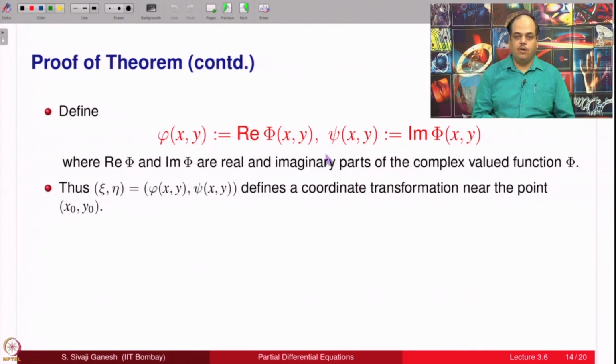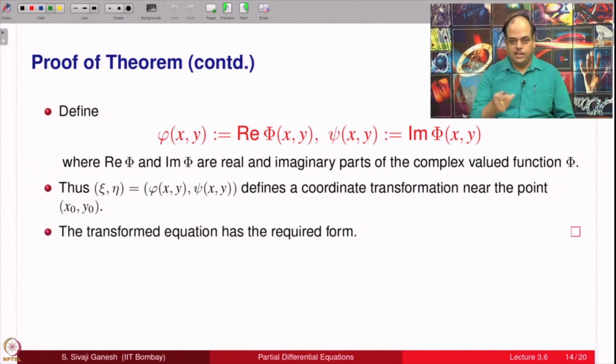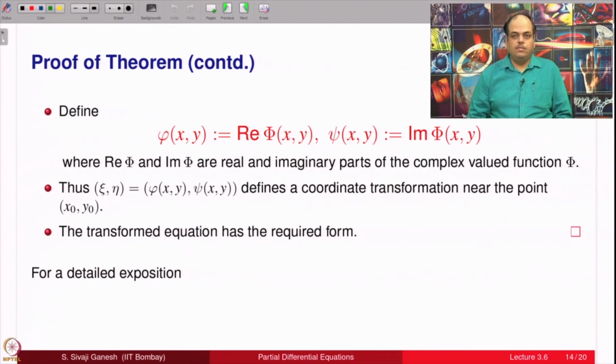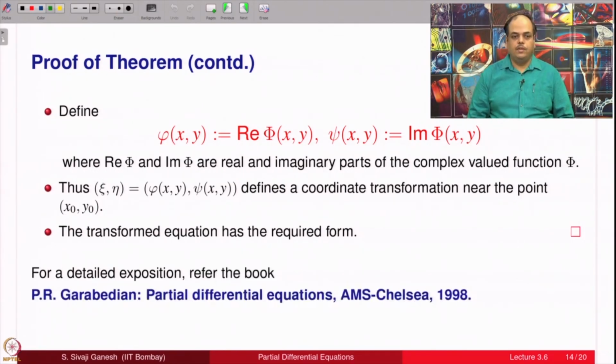This defines a coordinate transformation near the point, which is left as an easy exercise, and the transformed equation has the required form because we made A equal to C and B equal to 0. If you want to see a detailed proof, please look at the book by P.R. Garabedian on partial differential equations; you will find full details.